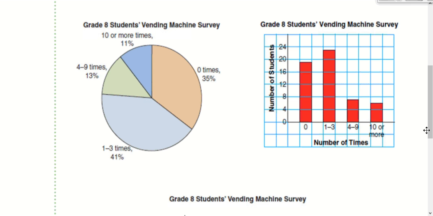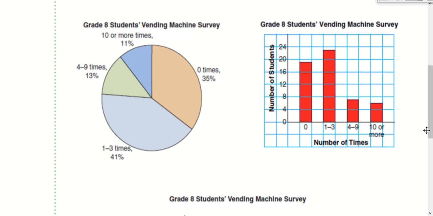So if we look at a circle graph and we think about what the benefits of a circle graph are, it displays data to compare categories to the whole. It's easy to see the ratio, but we can't find individual pieces of data and it's difficult to draw accurately.